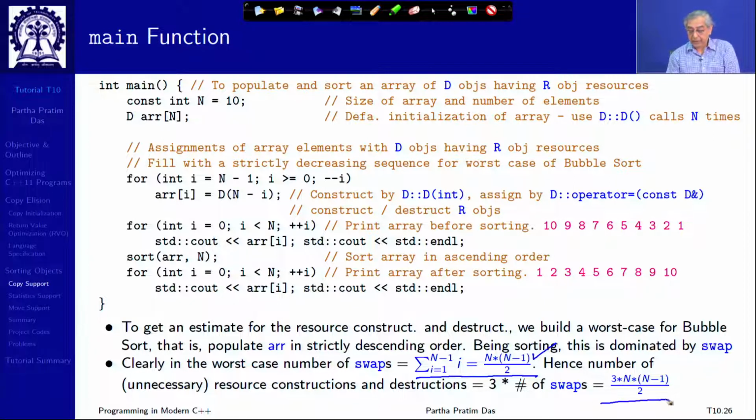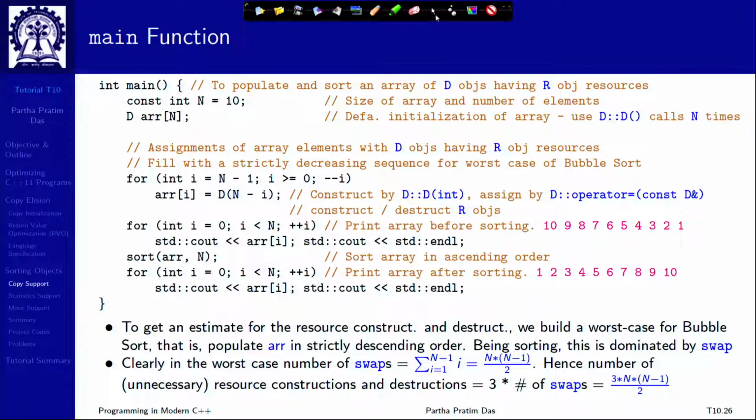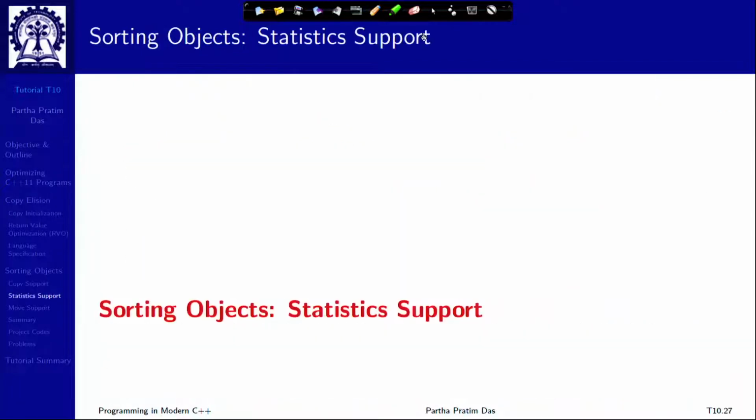In every swap I have three copy assignments. So, I will have 3 resource objects created and 3 resource objects destructed. This is the amount of construction and destruction of the resource objects that I am going to do.